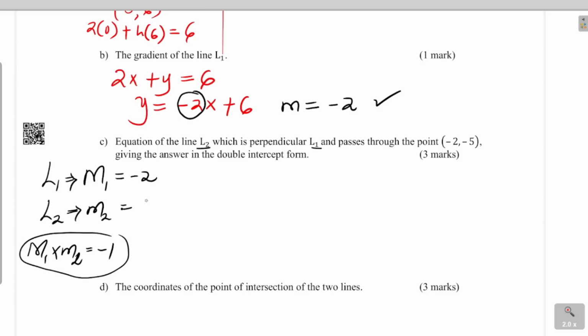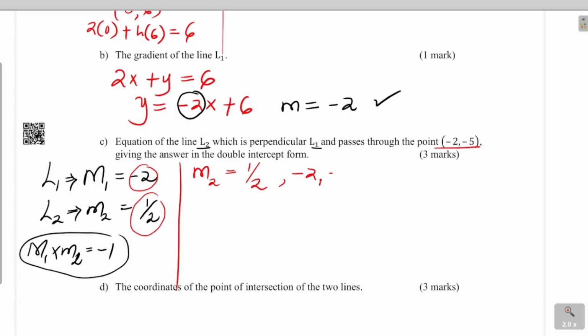This will be 1/2. So that when you multiply the gradient of line 2 times the gradient of line 1, you should get -1. So we have now the gradient of line 2, which is 1/2, and it passes through (-2, -5).